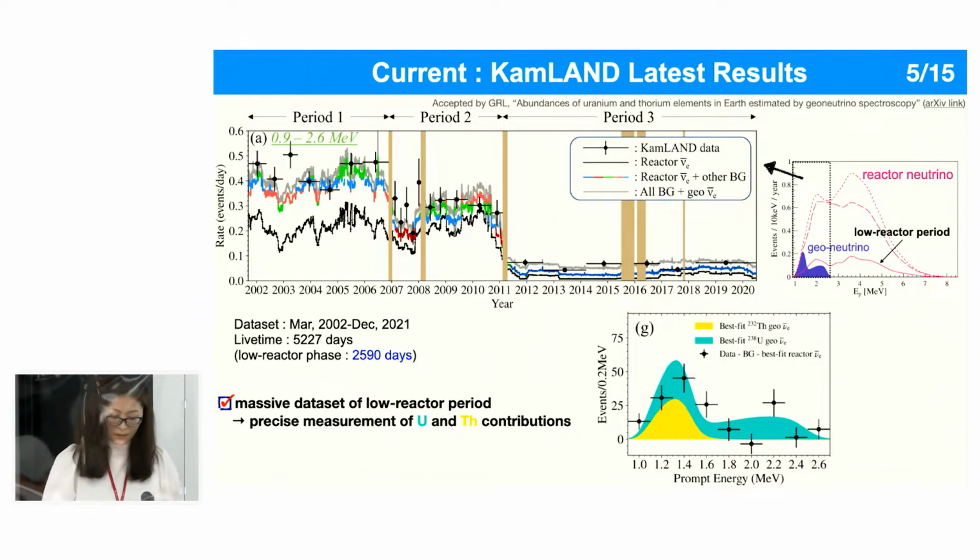Because of this massive data set from the low reactor period, we could do a precise measurement of the uranium and thorium contributions. This is one of the figures from the paper: the dots show the data, and the shaded region is the best fit of the geoneutrino contribution from uranium and thorium.